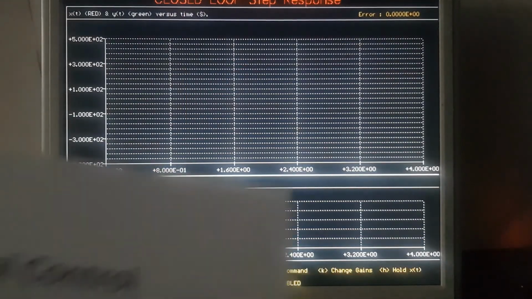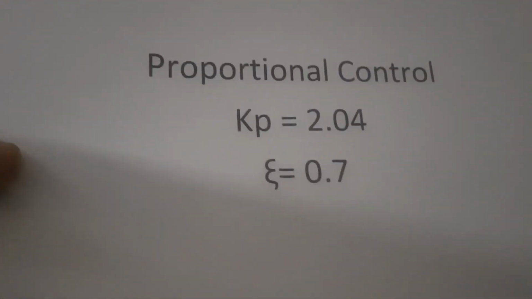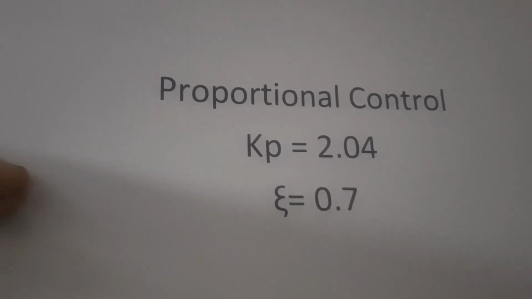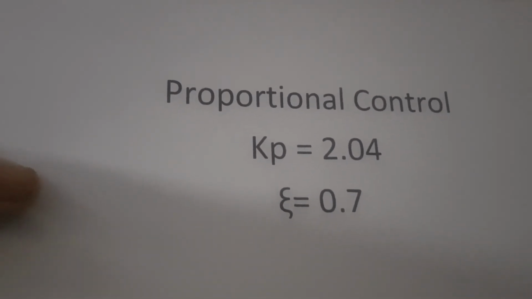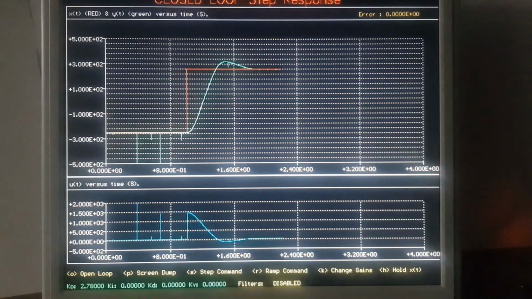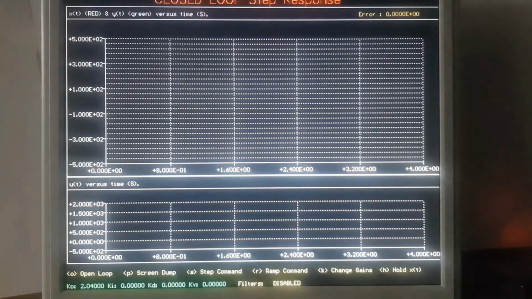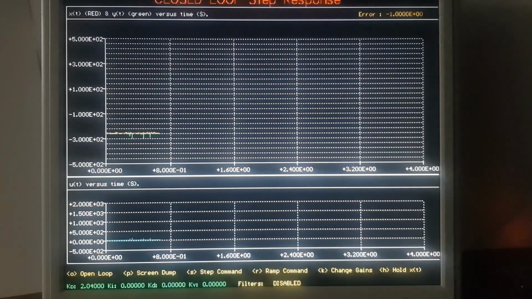The next one is proportional control with damping of 0.7, Kp this time is 2.04. There's the damping of 0.7.